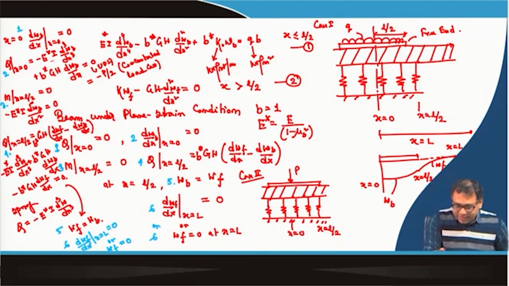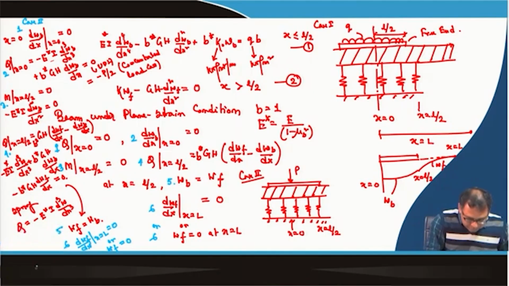And for the second case, this is case 2, where this is 1, 2, 3, 4 and then 5 and 6, these are the boundary conditions. So, if I write in a different color, this is first, second, third, fourth, fifth, sixth.